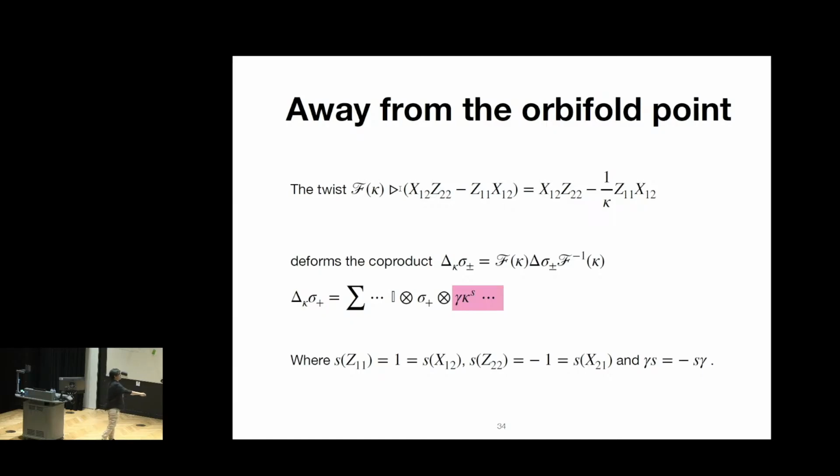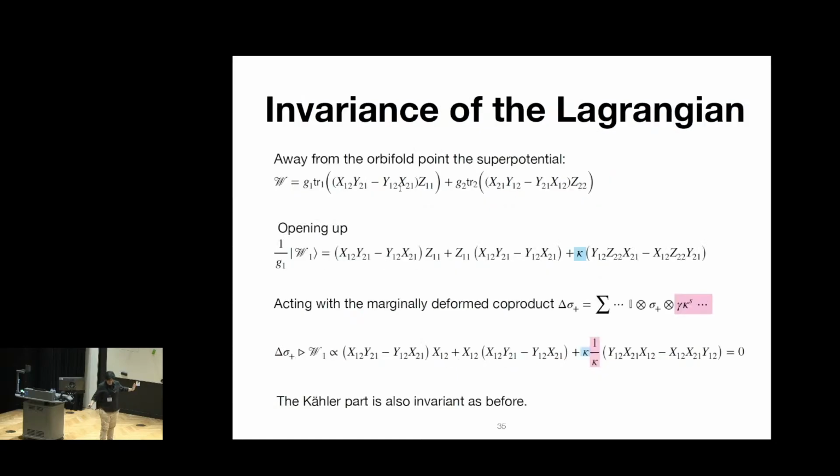And this object also commutes with gamma in this way. So we have a construction, and we do the same thing. The only difference now is that there is G1 and G2 in the superpotential. Everything is made to work.